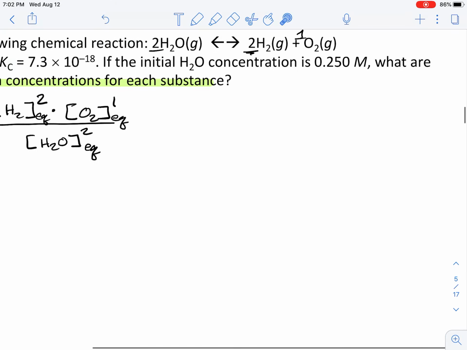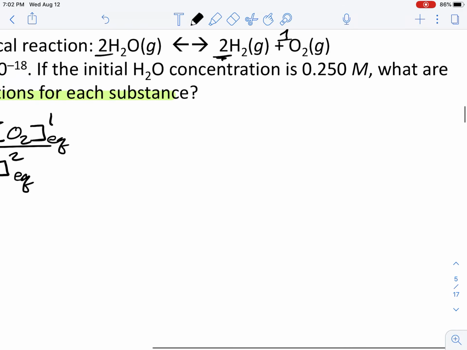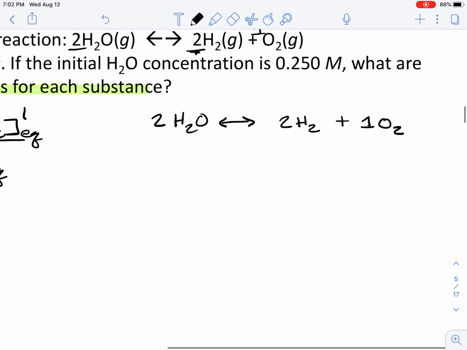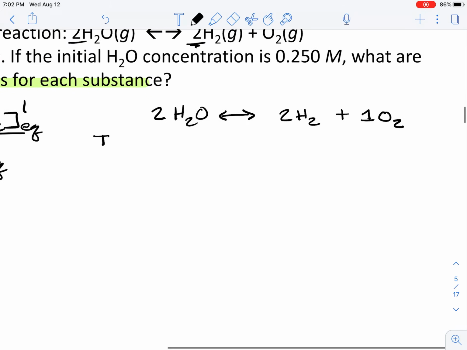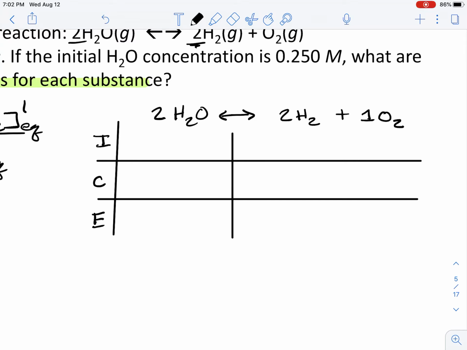And to do that, we need to develop an ICE table. So in developing the ICE table, I'm going to rewrite the chemical equation, and then create a table that separates out every single one of these substances. Apologize, this is going to take a second.